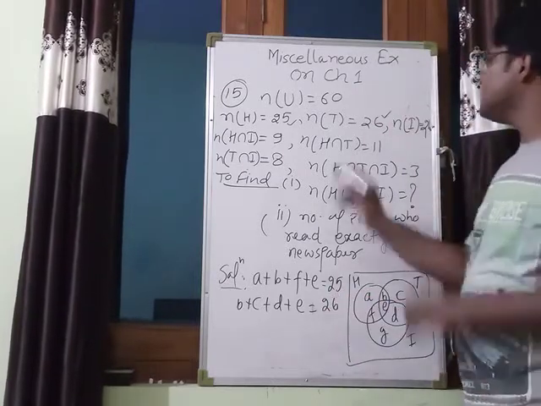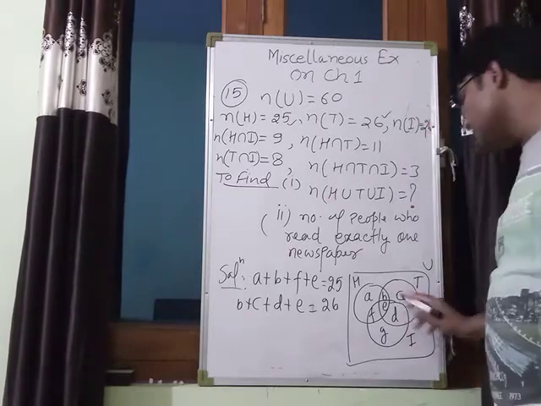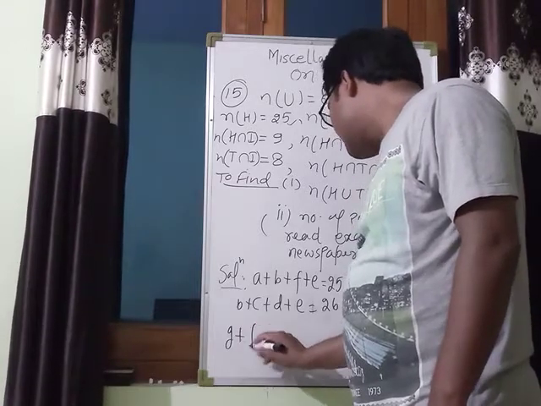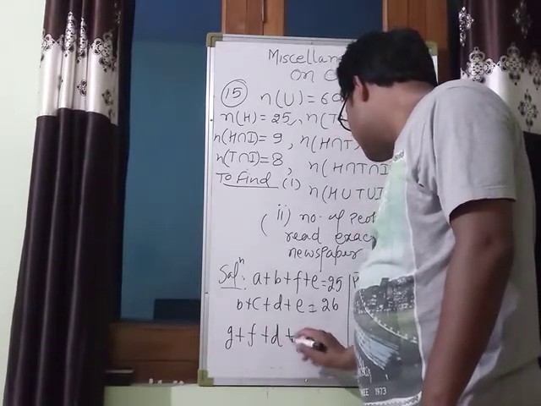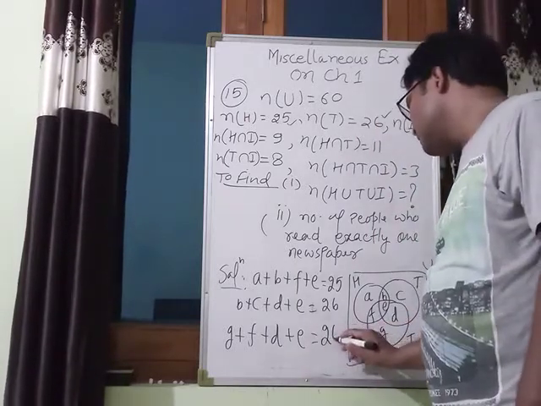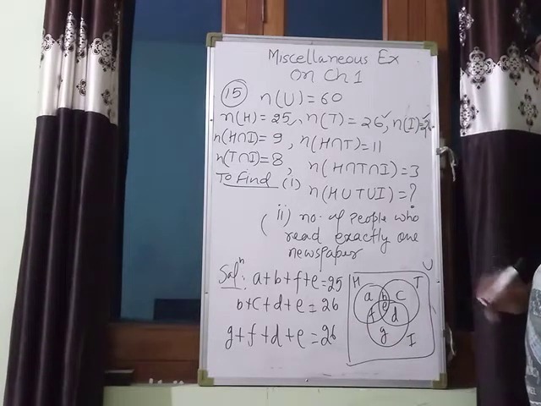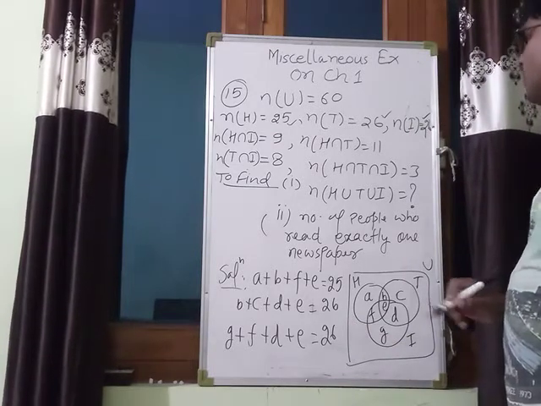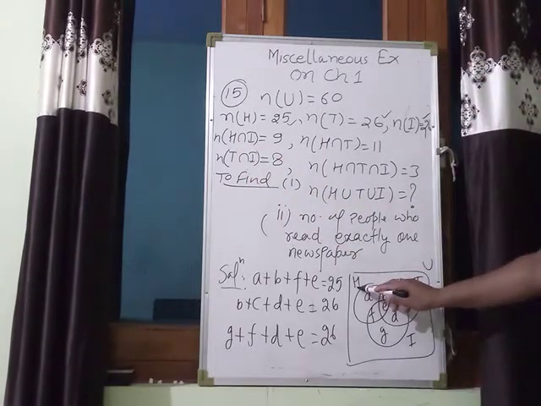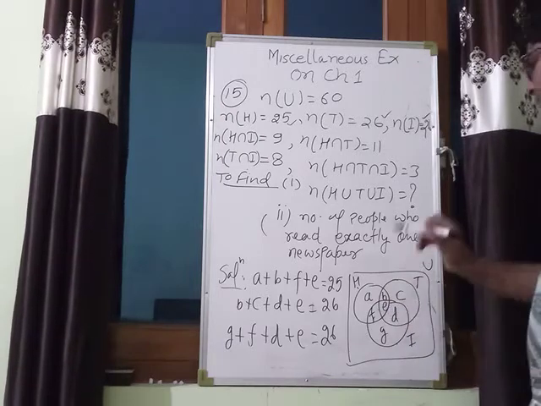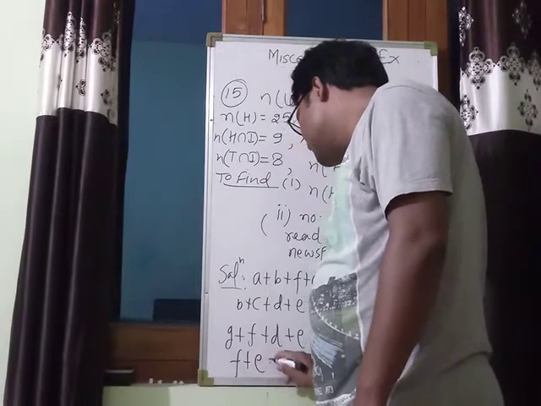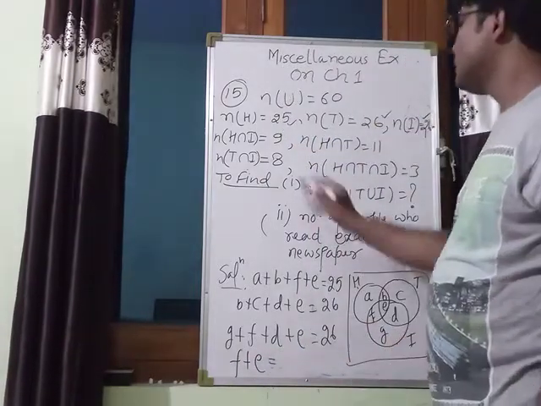And the number of people who read newspaper I is G plus F plus D plus E, that is also 26. And the number of people who read newspaper H and I, this is H and this one is I, so F plus E, that is equal to 9.